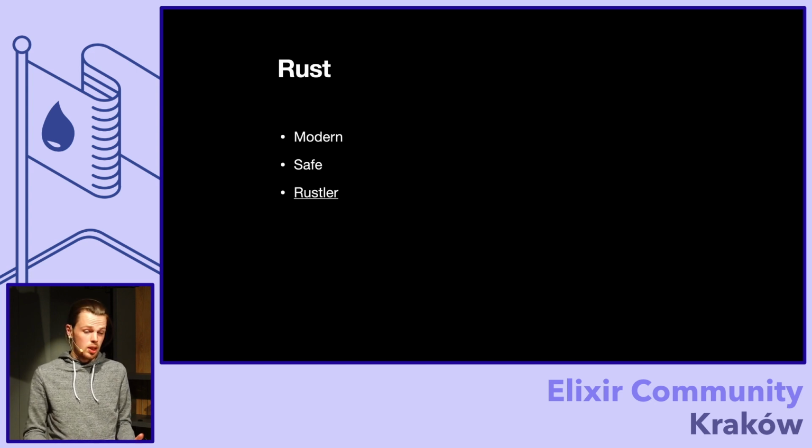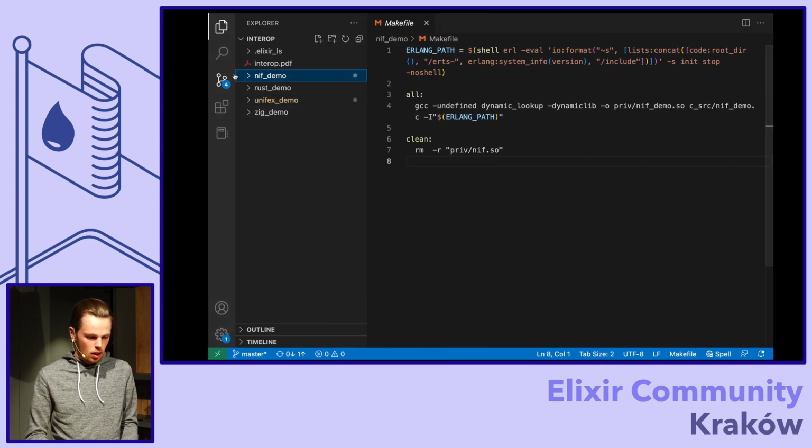And this is, as you probably know, a modern language which has a pretty decent standard library, not like C. It's also quite safe. I mean, it's way harder to get a segfault, for example. And there is Rustler, which provides interoperability between Rust and BEAM. Let's see how we can use it.